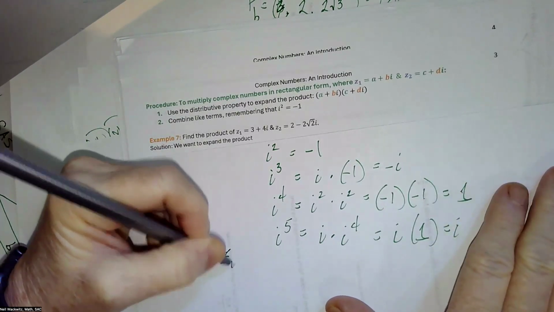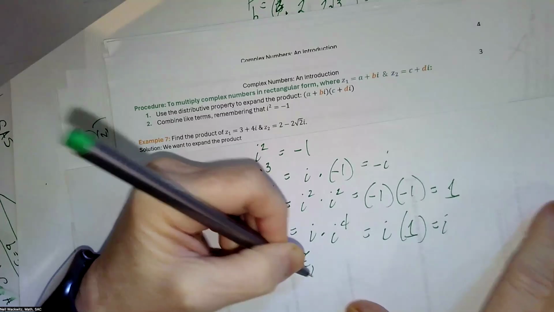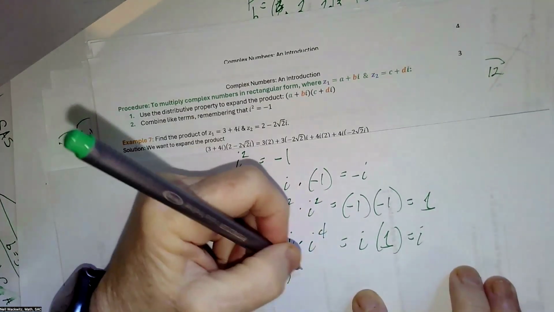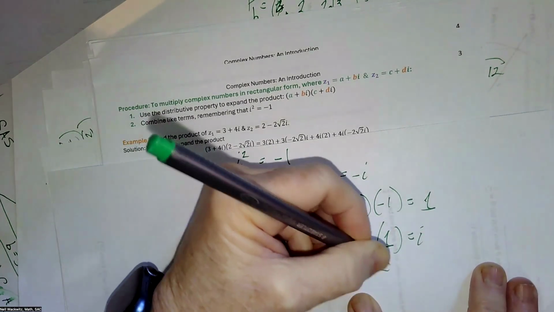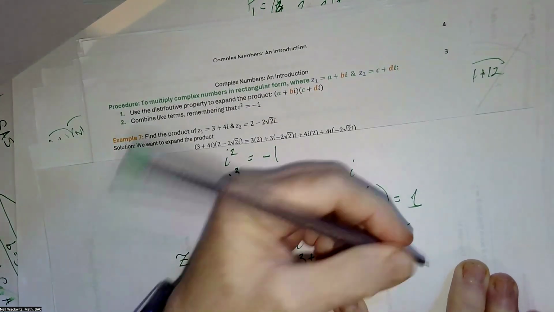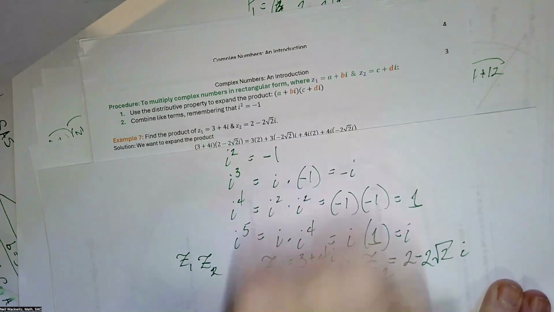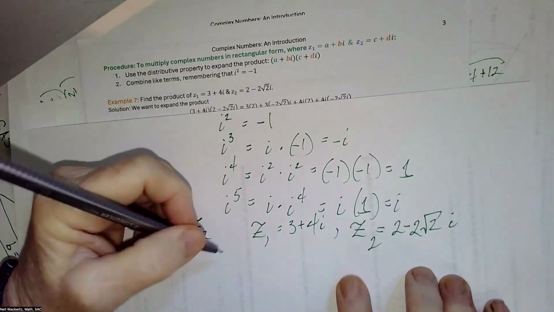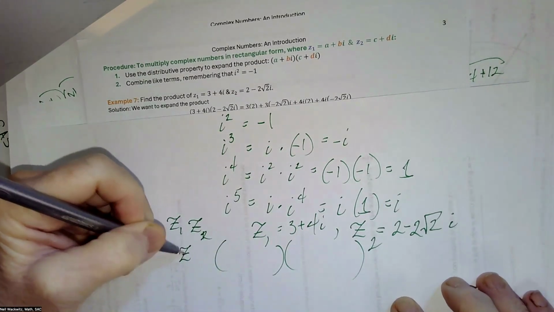All right, so let's find the product of Z1 and Z2 if Z1 is 3 plus 4i and Z2 is 2 minus 2 square root of 2 i. So we're just going to distribute.